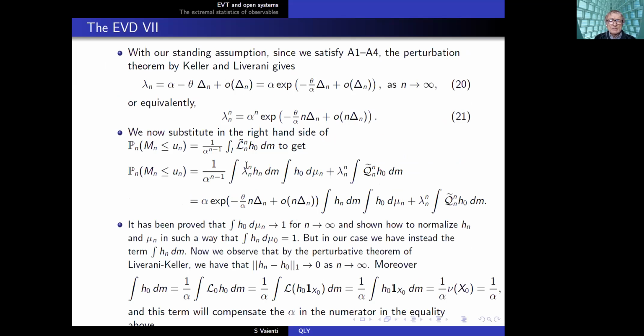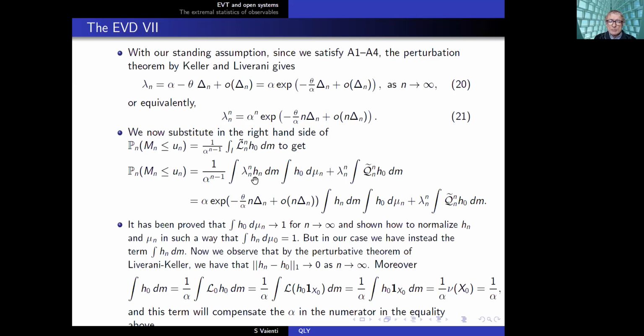The operator here is replaced by its top eigenvalue to the power n applied to hn, and hn was the eigenfunction of this L tilde n, and this is the coefficient, the multiplier which multiplies h in the one-dimensional direction corresponding to the top eigenvalue, plus this term here, which is dominated by this operator, which goes exponentially fast to 0 in norm.